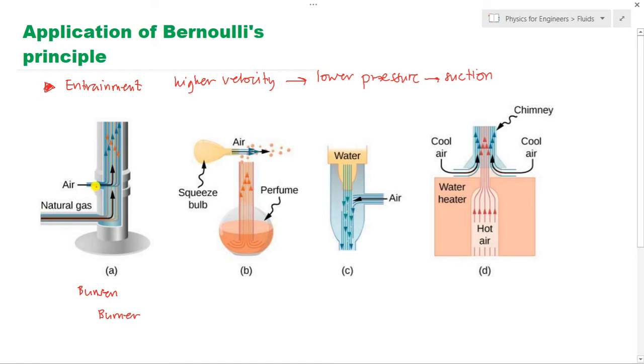Let's say sa Bunsen burner, naay air ari nga paspas kayo, so mo accelerate siya ngadto. In this part right here, ang intersection sa natural gas o sa air, ma-create og low pressure.